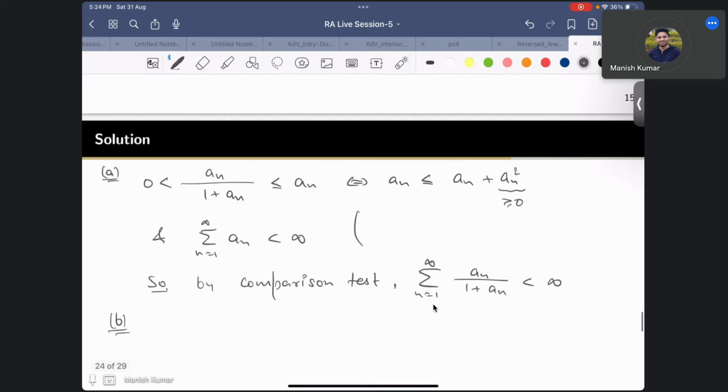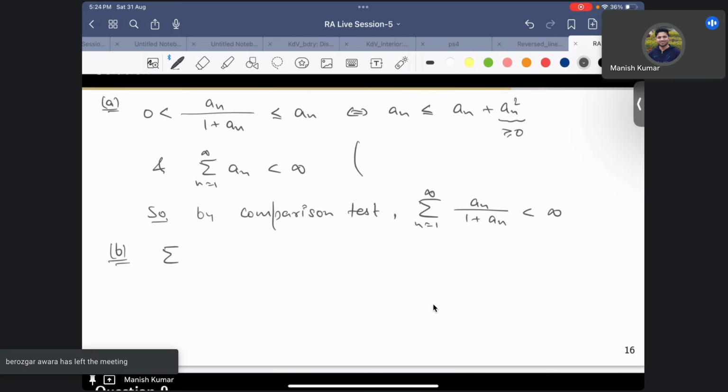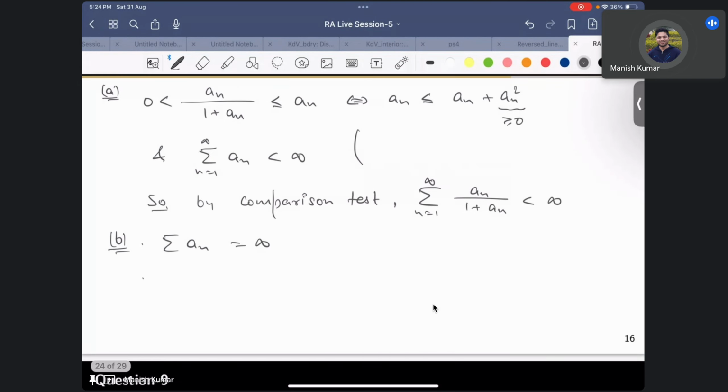Okay, so now let's try to find some lower bound for the sequence an upon 1 plus an. So what you have is summation an is divergent. Okay, so what I'll do over here, we'll try to split this in two cases.